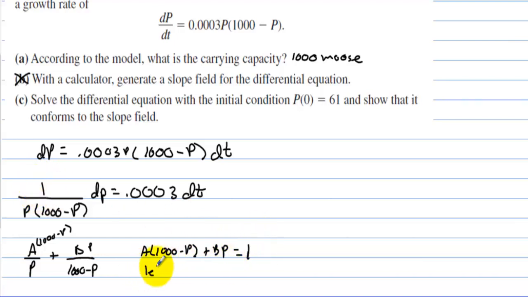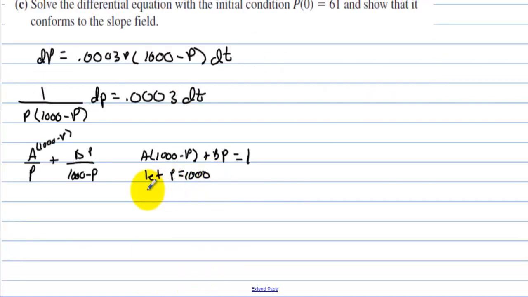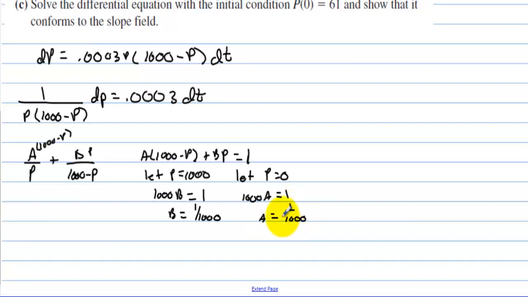Well, if we let P equal 1,000, this will be 0. We have 1,000 B equals 1. B equals 1 over 1,000. When we let P equal 0, we get 1,000 A equals 1. Now A equals 1 over 1,000.